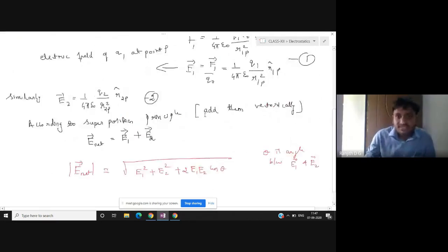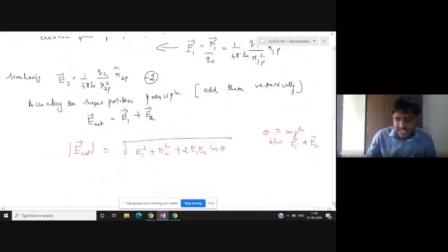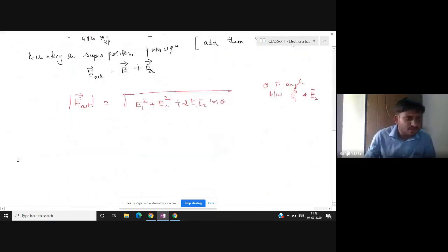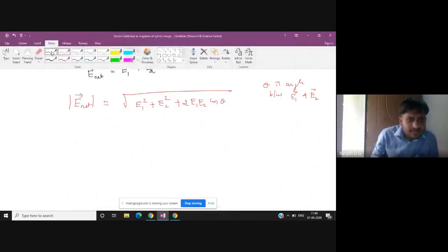So this is the way you can find the field for a system of point charges. Suppose you have too many charges, more than 2, so you have n number of charges. Then you can apply this and write the equation in this manner.